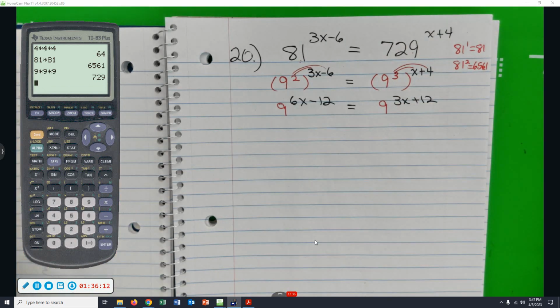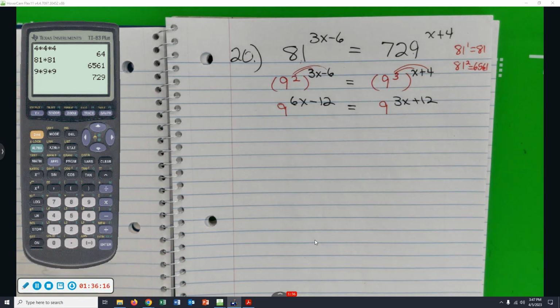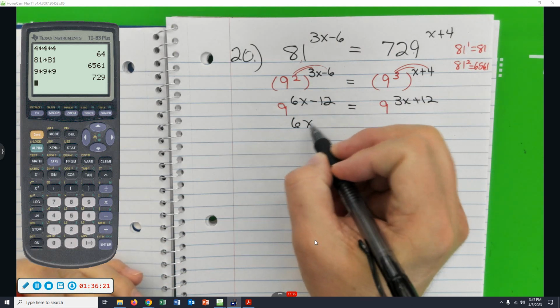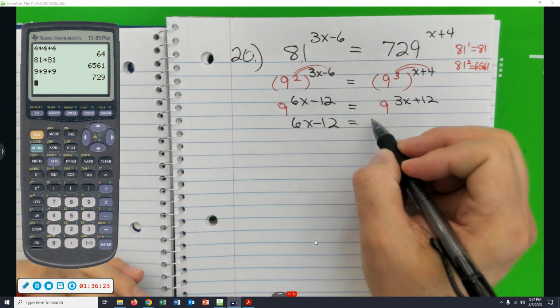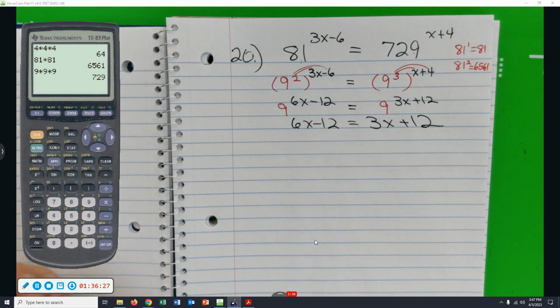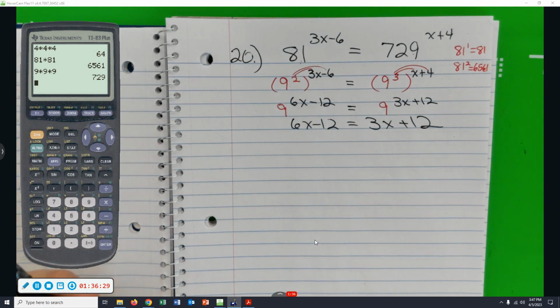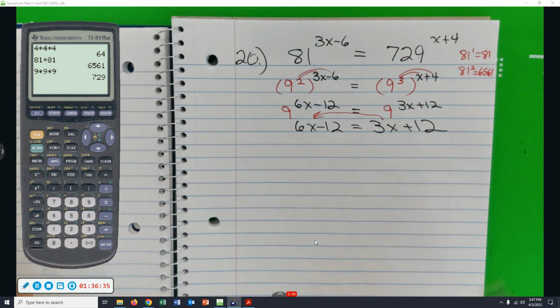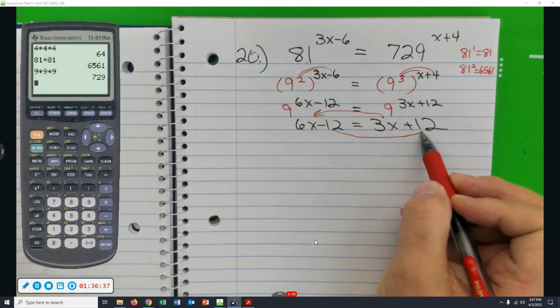Will we write the red 9s anymore? No, the red 9s are gone. So you just set the exponents equal. And what do you think I'll do? Minus the 3x and add the 12. I agree.